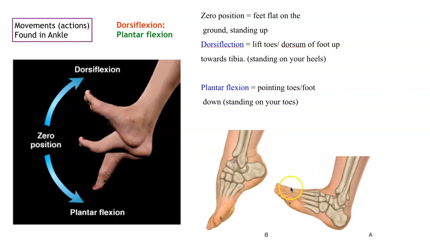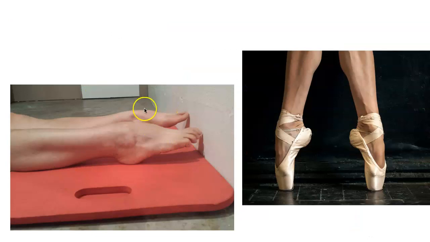This is dorsiflexion. So if you look at this, you should be able to figure out what is happening at the ankle joint here. Here the toes are pointed, standing on their toes. This is what?